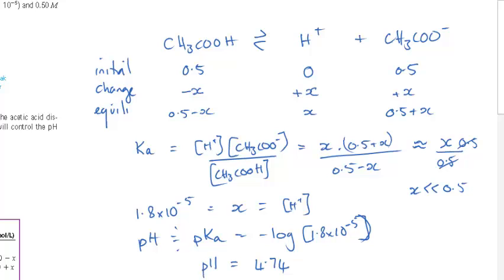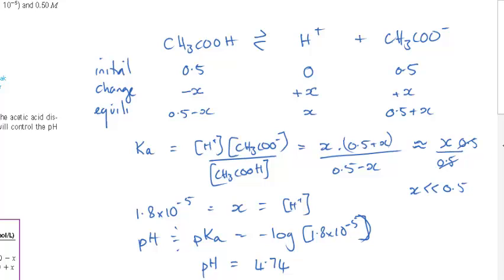That's the pH of our solution. Now, a little check: is this 1.8 times 10 to the minus 5 much, much smaller than 0.5? Yeah, it's about a factor of 1,000 smaller, so it's much less than the 5% rule.